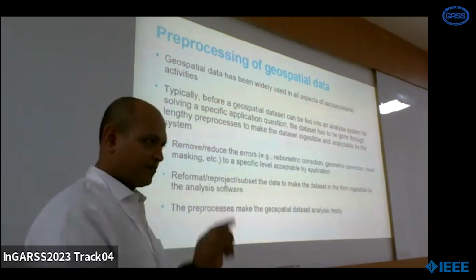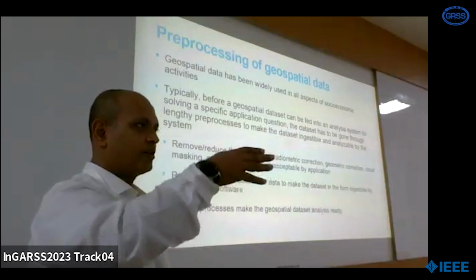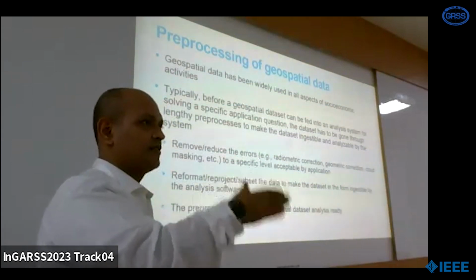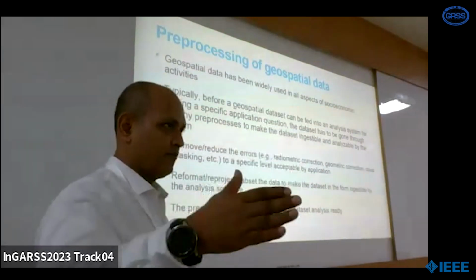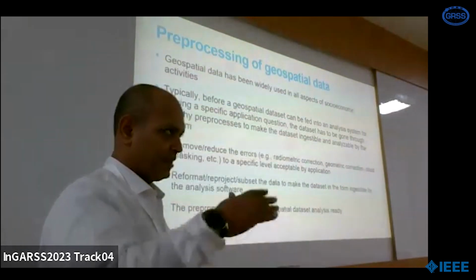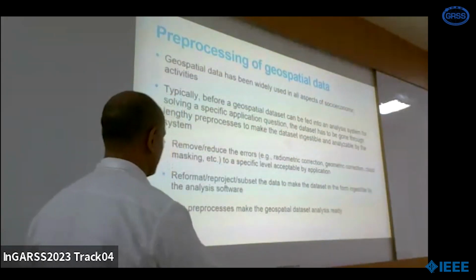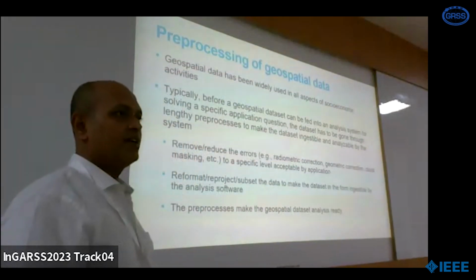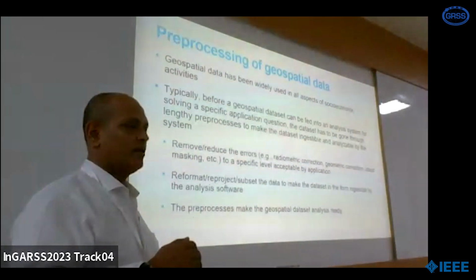So here I will just take a pause and contrast this with what Scott was saying, that analysis ready data is essentially all kinds of geospatial data, right? And so this particular definition, that the pre-processes make geospatial data analysis ready, is a very Earth observation oriented view.